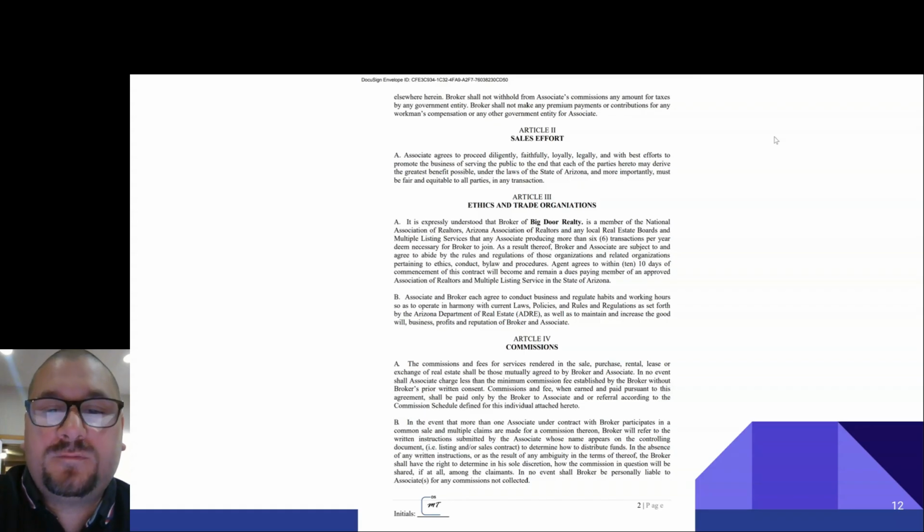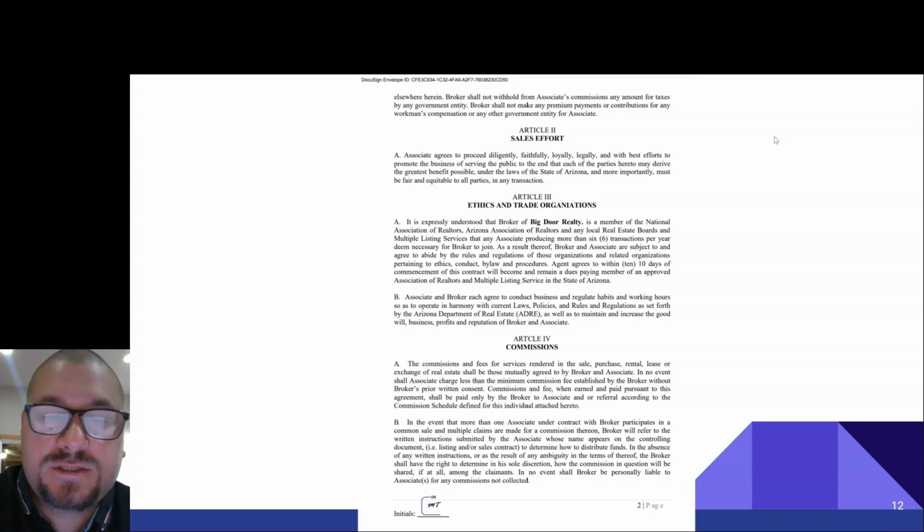So, Article 4 talks about commissions. The commissions and fees for services rendered in the sale, purchase, rental, lease, or exchange of real estate shall be those mutually agreed to by broker and associate.